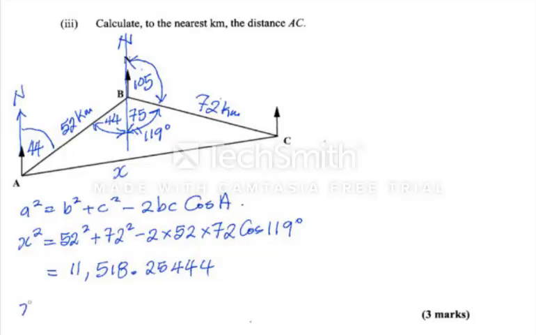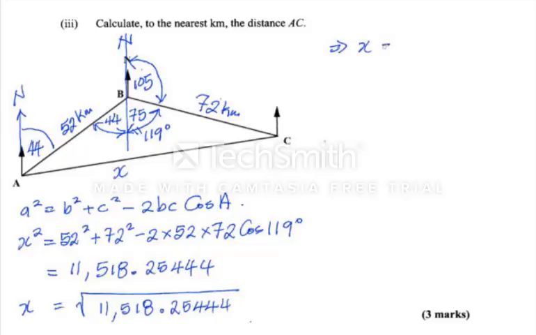So x, the opposite of square is square root, would be the square root of all of that, 11,518.25444.